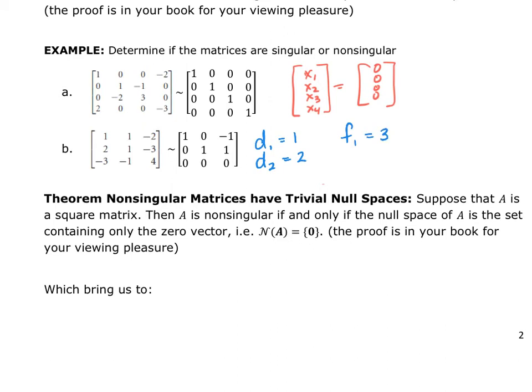And so what I know is that because my r does not equal my n, now if you remember, r is the number of basic variables, and n is the size, this tells me that the null space of B is not going to be equal to the 0 vector. So I know that B is not non-singular. That means that it is a singular matrix by that theorem.